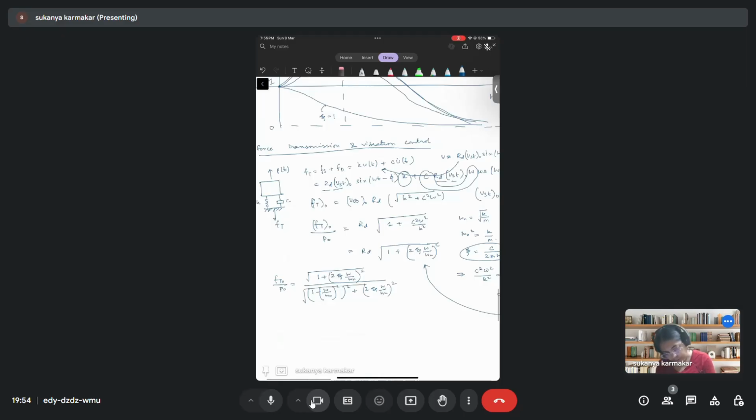Simply I'm substituting RD from here. So this is nothing but transmissibility. This is what we had derived.